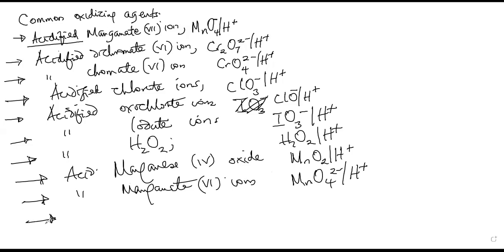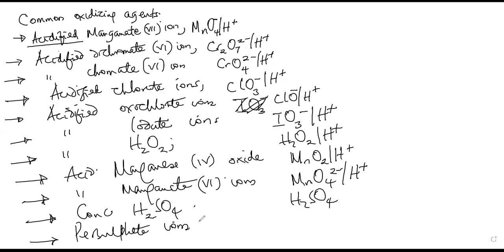Then we've got the concentrated sulfuric acid. We all know from our O-level chemistry that conc sulfuric acid is a strong oxidizing agent. We've also got the persulfate ion, very common.